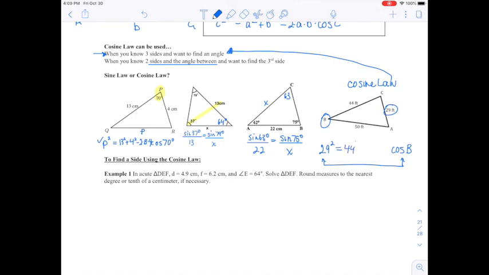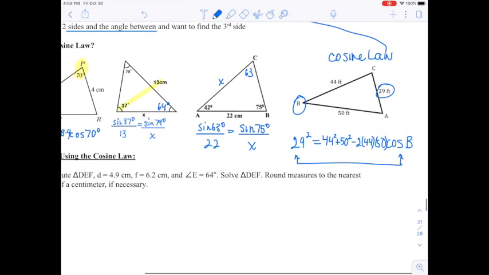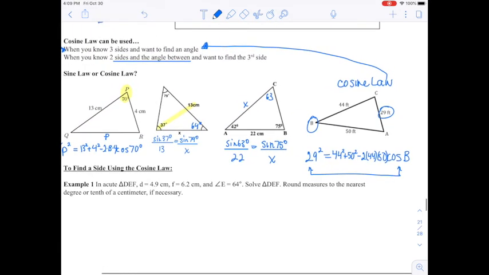It doesn't matter whether I call this A or C or whatever, but I know that those are the two numbers. Let me just write this a bit smaller. This is 44 squared plus 50 squared minus 2 times 44 times 50 cos B. Now what I can do is solve for that.